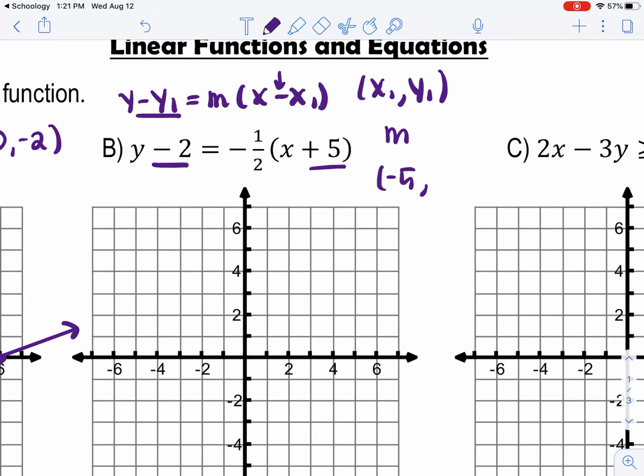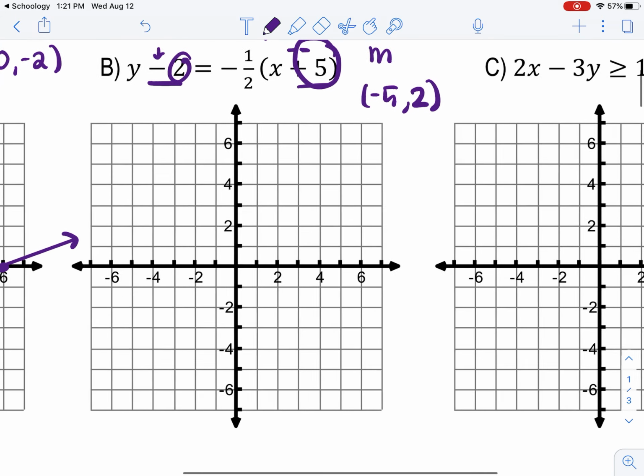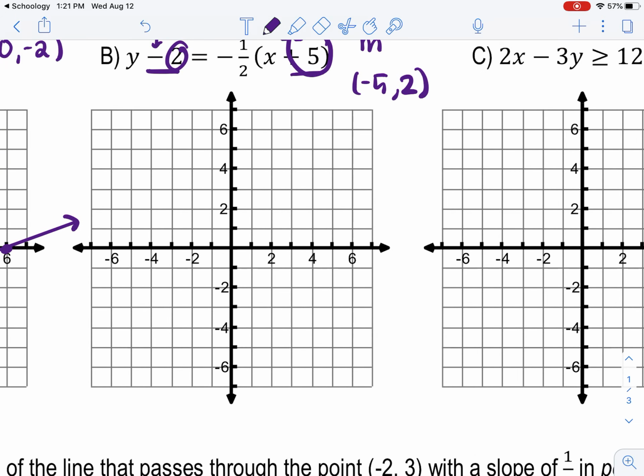Opposite of that, so +2, okay? Or I should be saying it's a minus in the formula. It's a minus here, so it's 2. It's a minus in the formula. It's a plus here, so this is a minus negative, so it's -5. See how that works? Okay, graph the point -5, 2.